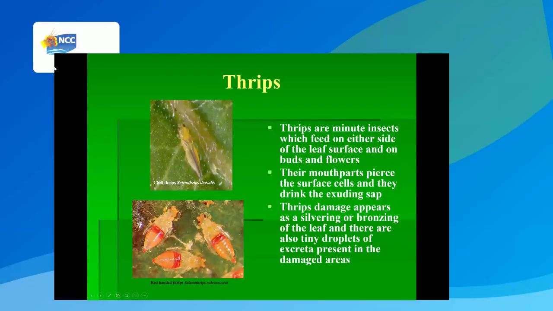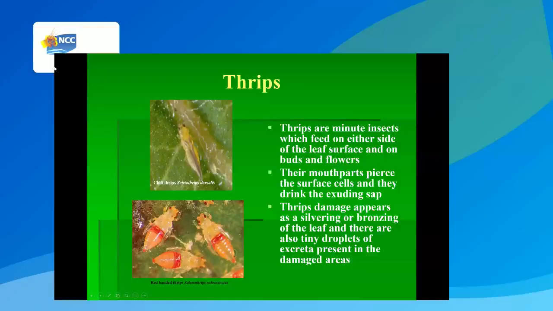Strictly speaking, they are not sucking pests like the whiteflies and mealybugs, which insert their mouth parts into the plant tissue and suck the sap up. The thrips, however, use their mandibles or mouth parts to pierce mainly the surface cells of the plant.